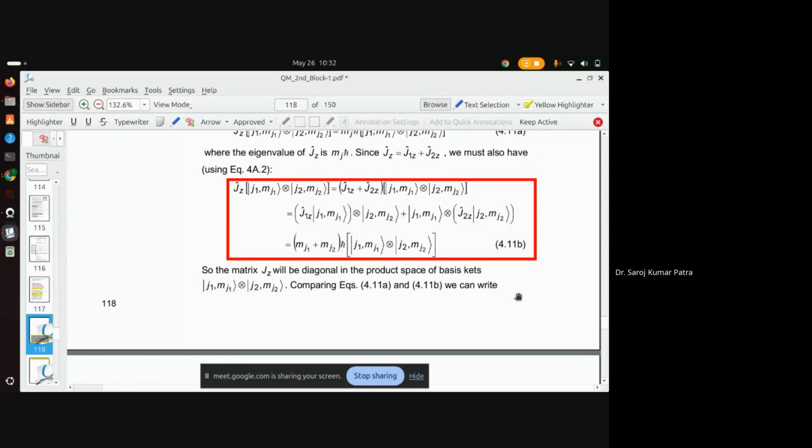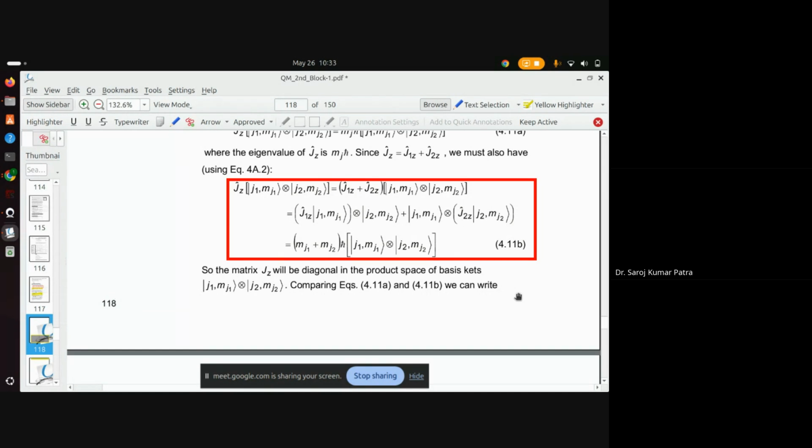Let me explain. क्या हो रहा है, हमारे पास दो पार्टिकल है, ठीक है. पार्टिकल 1 का हमें क्या पता है, j square पता है और jz पता है, ठीक है. Because j square and jz commute with each other, so we can simultaneously determine the value of j square and jz.